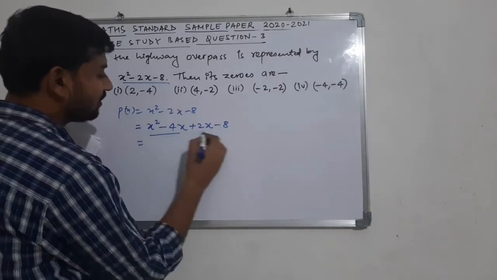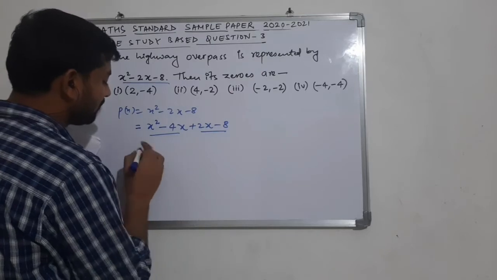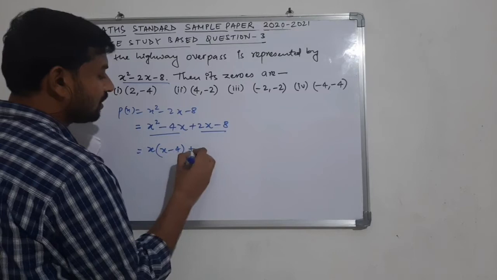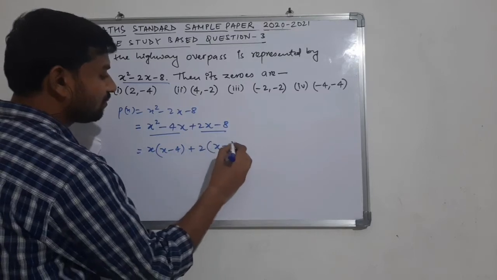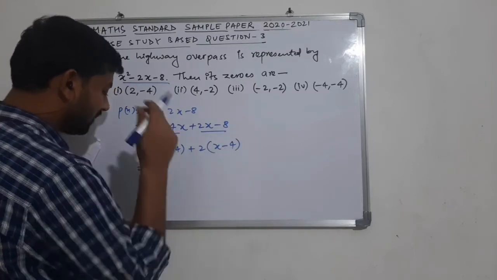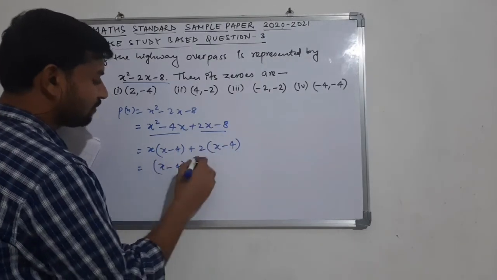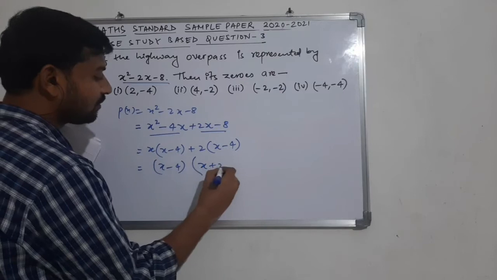If we look at these two pairs, from the first pair we can take out x, so x minus 4. And if we take out 2 from the second pair, we get 2 into x minus 4. So overall we have x minus 4 as common, the remaining is x plus 2.